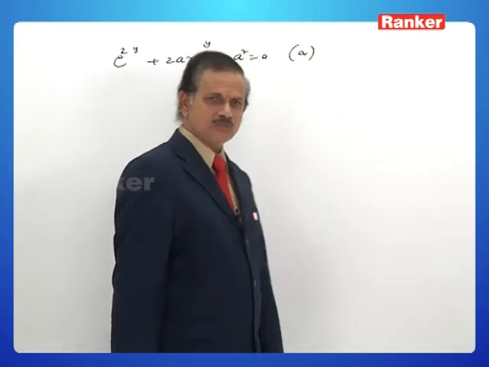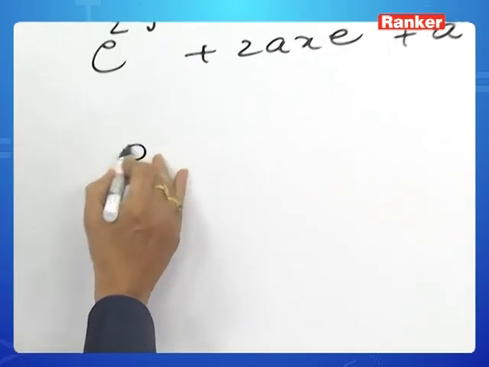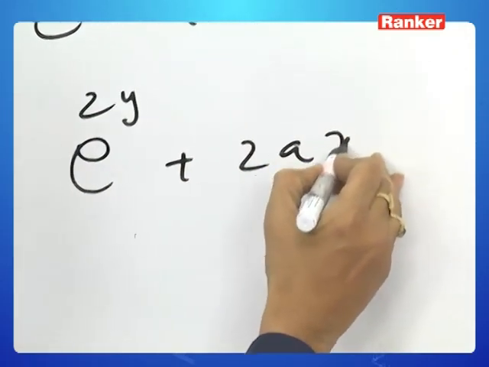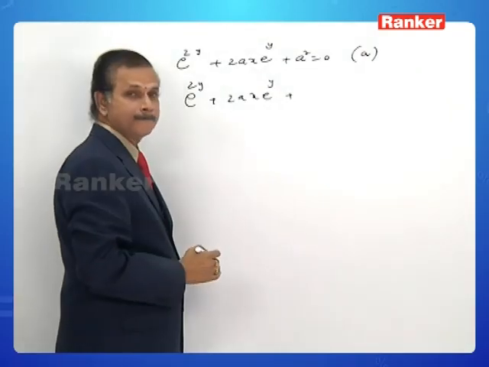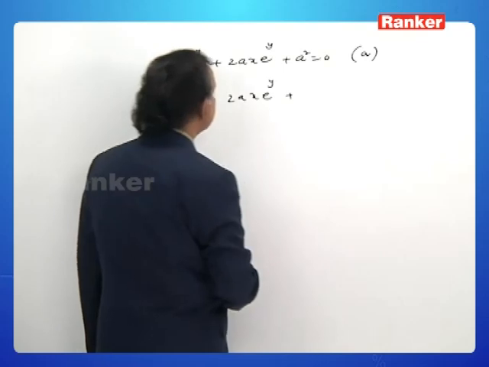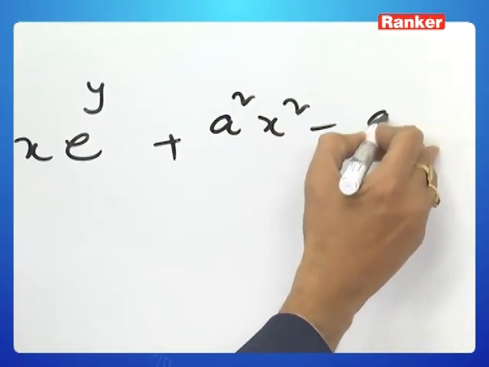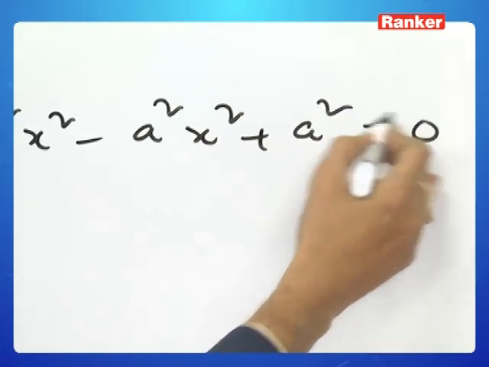Therefore, we shall do something. Look here, you follow this carefully. e power 2y plus 2ax e power y plus a square x square minus a square x square plus a square is equal to 0.